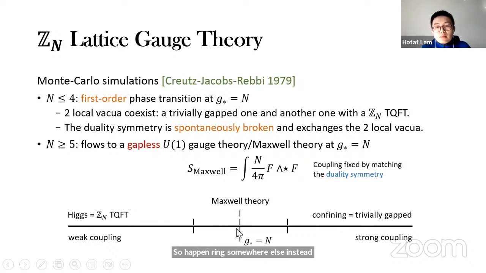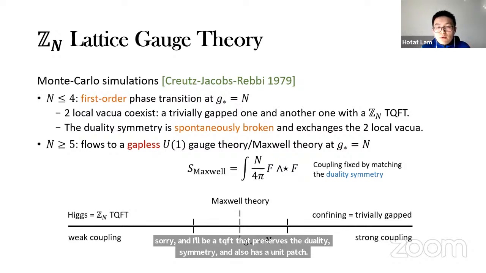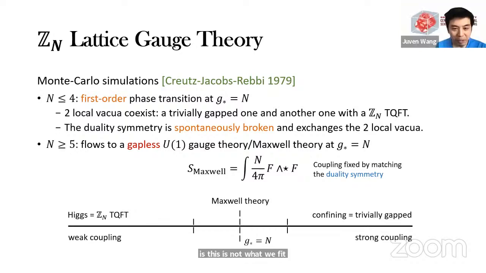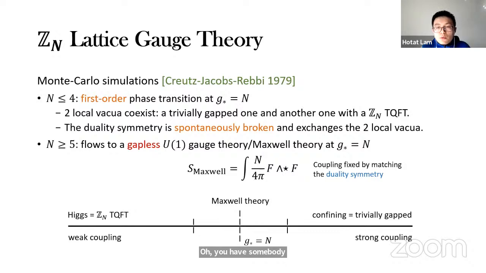And what we can show is that this intermediate phase cannot be a TQFT that preserves the duality symmetry and also has a unique vacuum. For the first-order phase transition, indeed it's a TQFT, but it has multiple vacua, so this is not what we forbid. Multiple vacua on the three-sphere? Multiple local vacua. Okay.